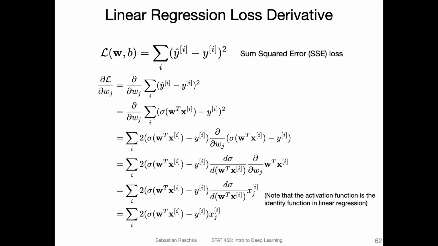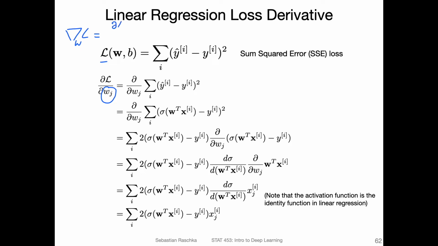Let's now derive the loss function with respect to W. Here we are only taking a look at one of the weights, Wj, just to keep it simpler. We could also do this for the weight vector. But recall, the gradient of the loss would be just a collection of these individual partial derivatives, right?